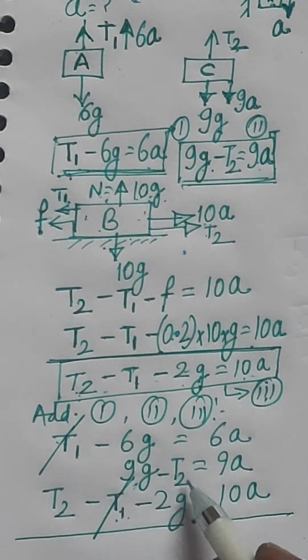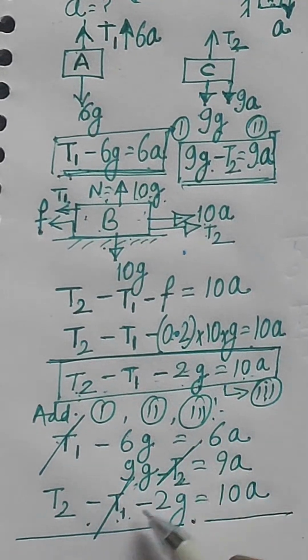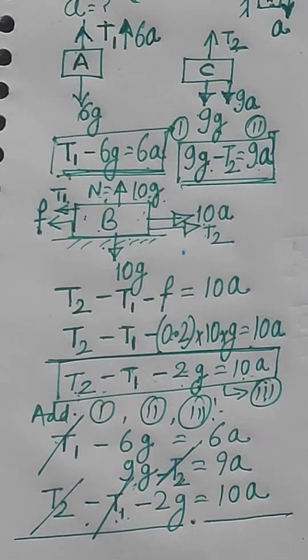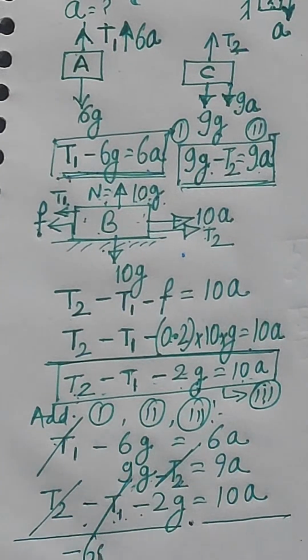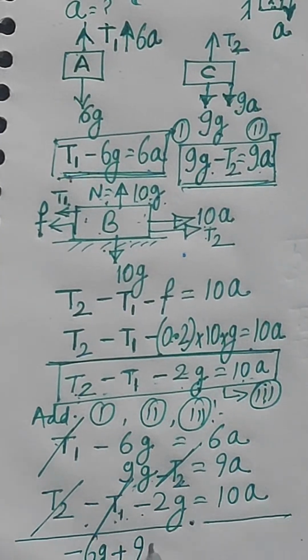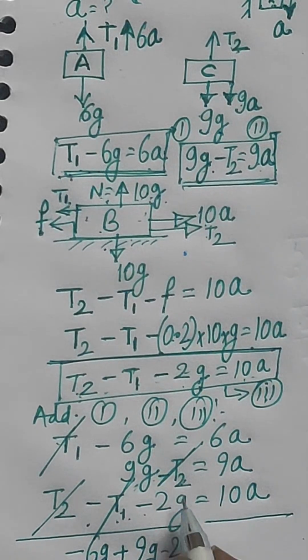Similarly here, T2 and T2, one is plus T2, one is minus T2 on the LHS, so both will be cancelled out. We now have minus 6g plus 9g minus 2g. All this will be added together, right?